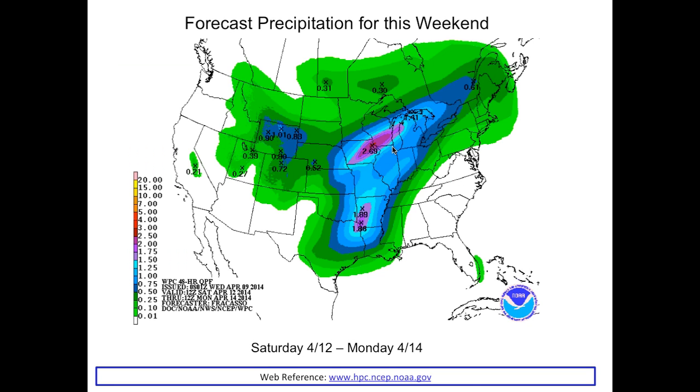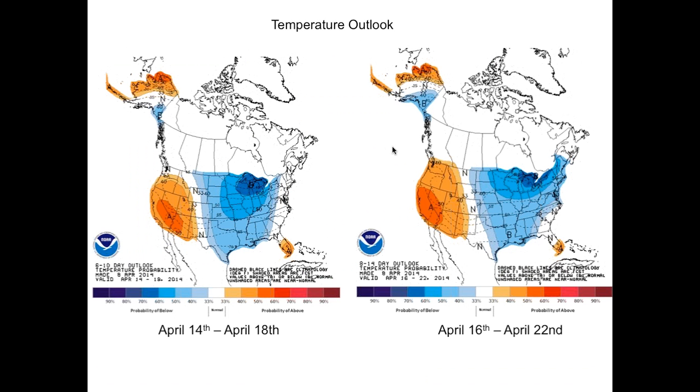There's a weak system, I have it indicated here as number one, a little closed low out in the Pacific that's going to open up and move through the southern part of our area over the weekend. Probably not going to bring a lot of precipitation. It may merge with system number two, which is still trying to get organized, and a couple of models differ a little bit on how that's going to work out.